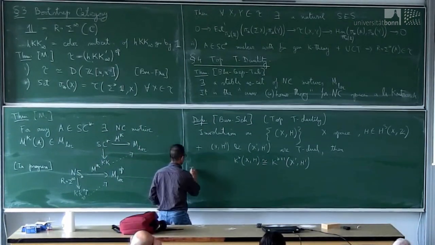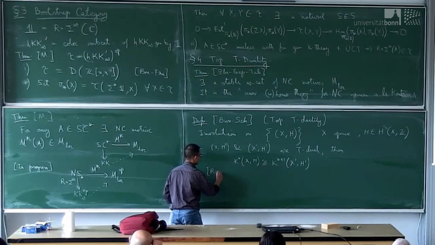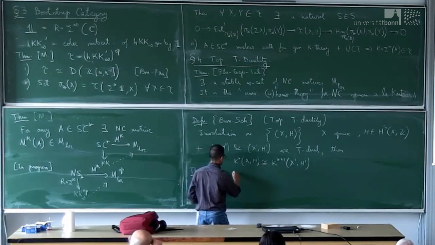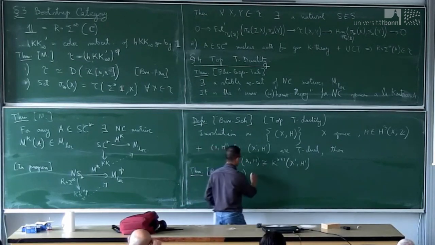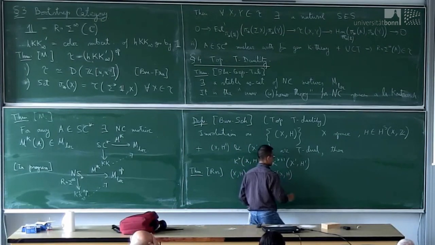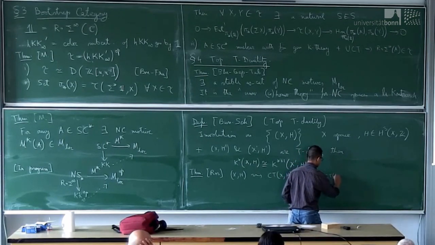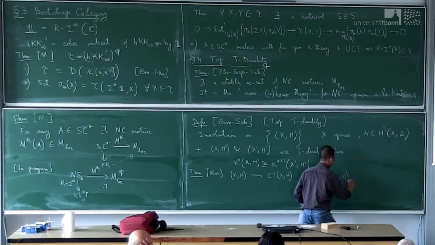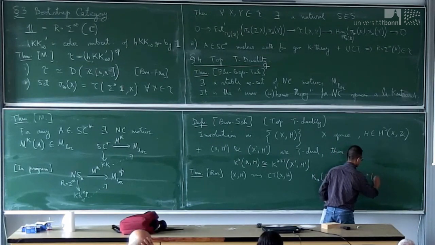Now, Jonathan Rosenberg showed that associated to any such pair, at least if X is locally compact, you can associate a C-star algebra such that the topological K-theory of this C-star algebra is the same as the twisted K-theory of this pair.